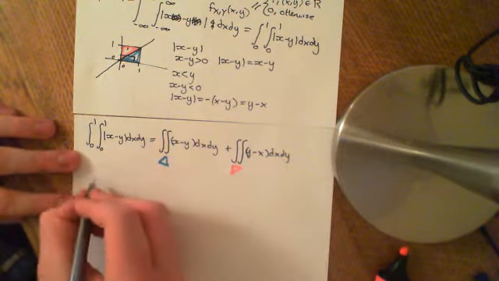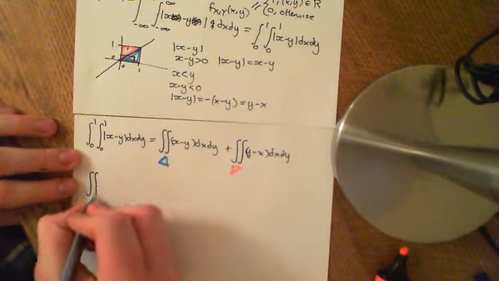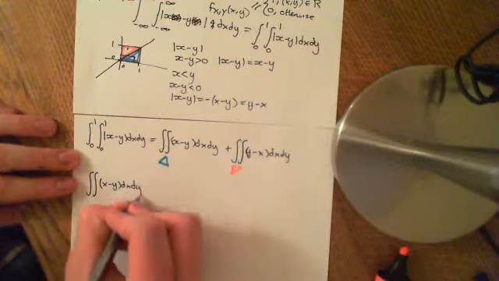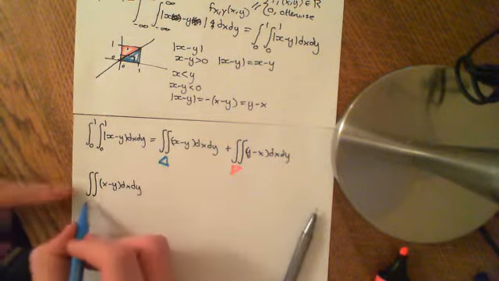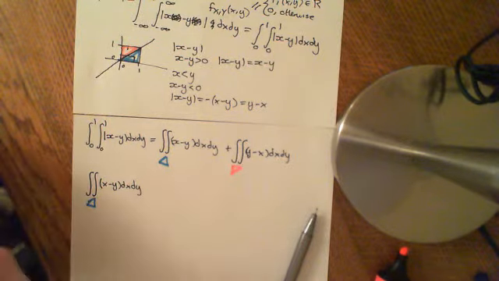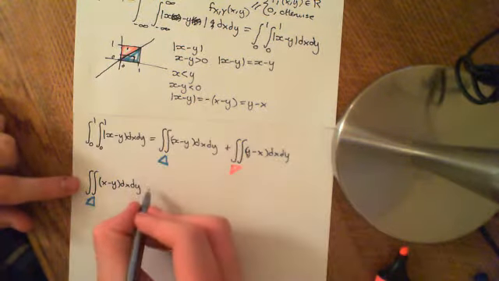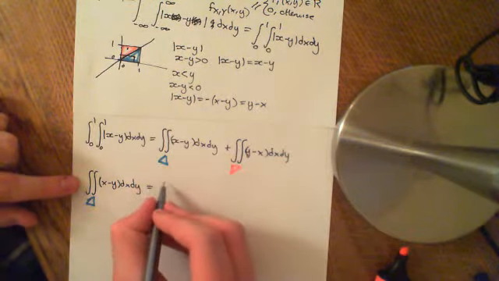So let's start with this one here. The integral over the blue triangle of x minus y dx dy. So we need to turn this into an iterated integral. So we can think firstly of integrating over dx. Actually sorry, I'm going to let the outer integral be the integral over dx.